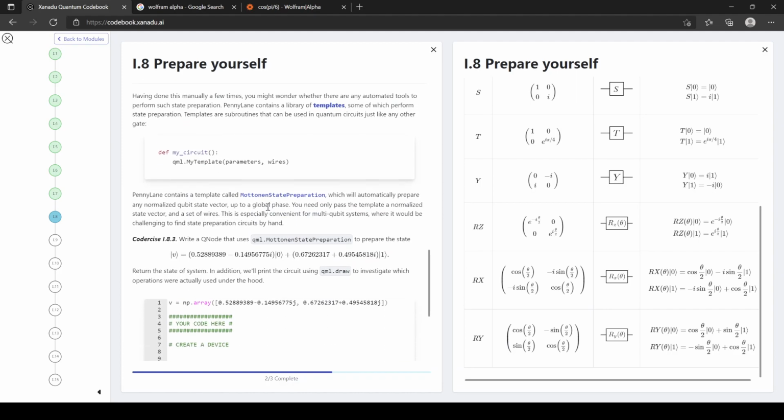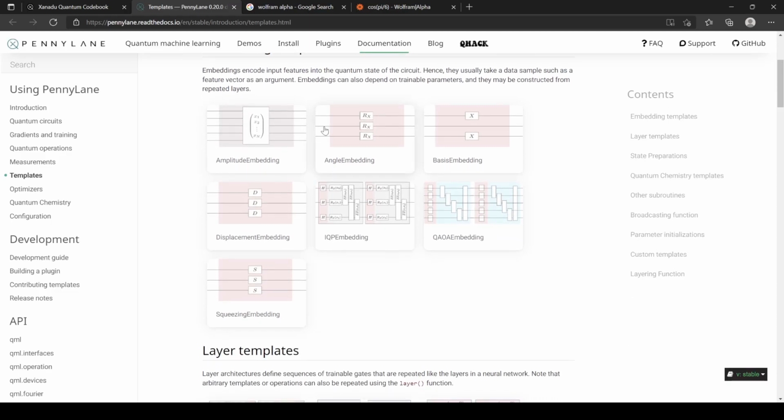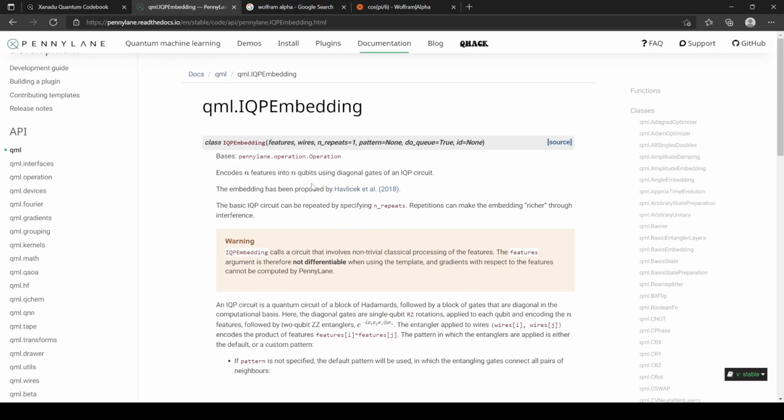All right, so we also have a template. Subroutines that can be used like any other gate. Templates have angle embeddings, basic embeddings, squeezing, IQP. I'm not familiar with IQP embeddings. Is non-differentiable.